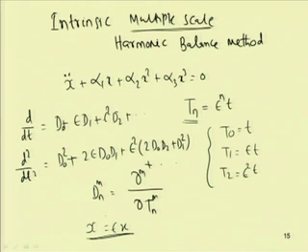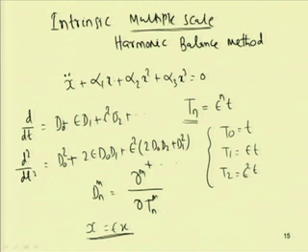Substituting x equal to epsilon x, this equation becomes epsilon x double dot plus epsilon alpha 1 x plus epsilon squared alpha 2 x squared plus epsilon cubed alpha 3 x cubed. Taking epsilon common, and as epsilon is not equal to 0, one can write this equation in this form.